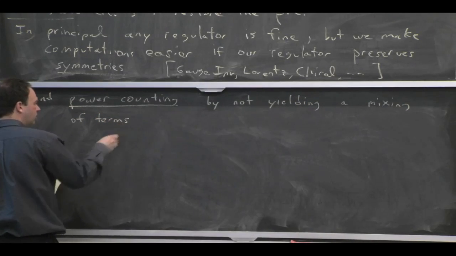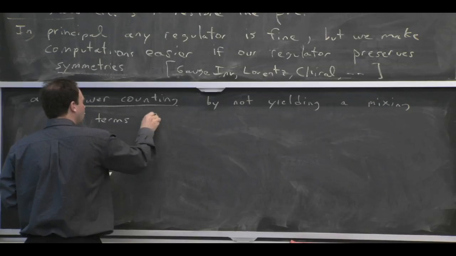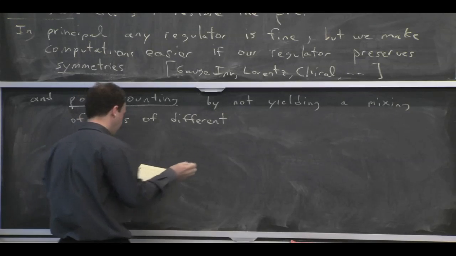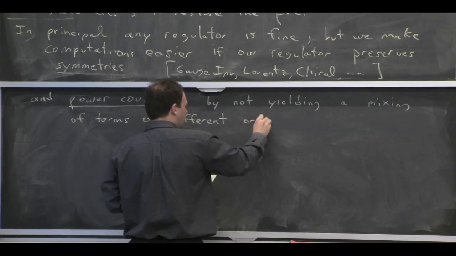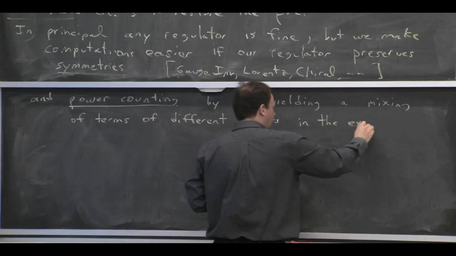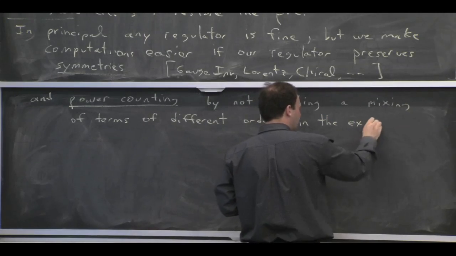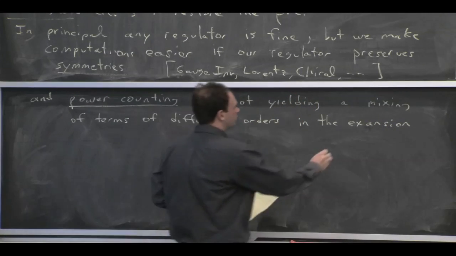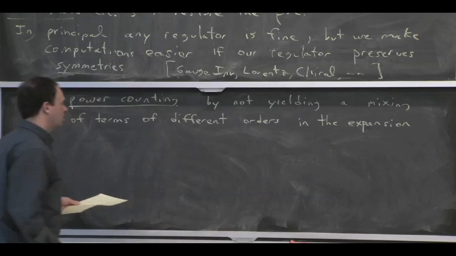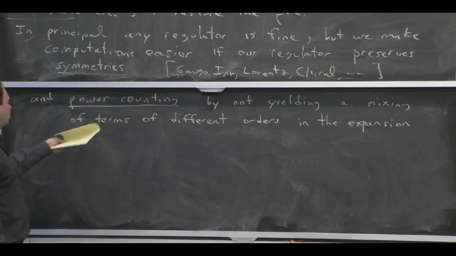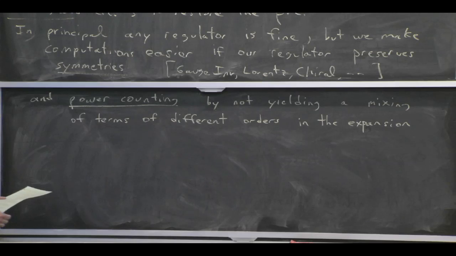And one way, in a more formal language, that you could say what happens with the generation of that term that we talked about with the cutoff is that you mix up different orders in the expansion, and it looks like your naively higher order term is mixing back to a term of lower dimension. And so if you can get away with taking a regulator that doesn't have that mixing back to more relevant operators, then you could preserve your power counting and make it simpler.